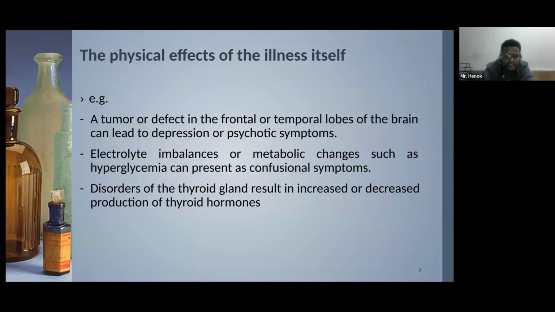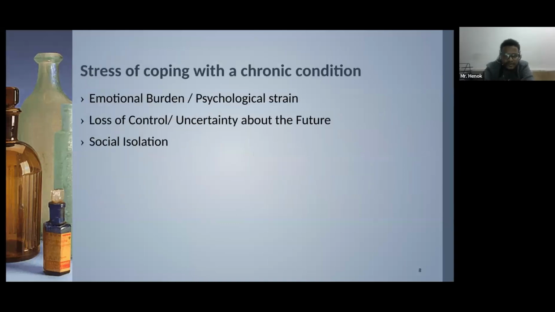The second one is that the stress of coping with a chronic condition by itself may predispose this group of the population. The emotional burden or the psychological strain associated with these medical conditions can lead patients to have mental conditions.